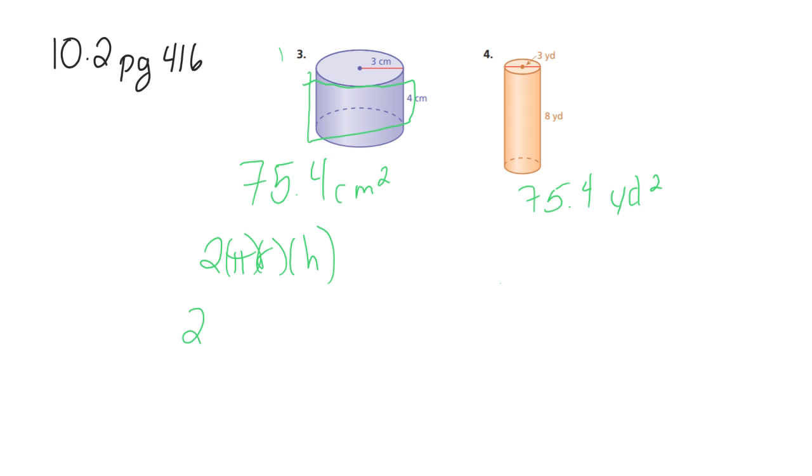Plug our numbers in. 2 times 3.14 times our radius of 3 times our height of 4. That would have given you about 75.4. And you notice on some of these, I'm rounding to like the nearest 10, some I'm rounding to the nearest whole number. Make sure to pay attention to what the question's asking you because again, lose points for that.